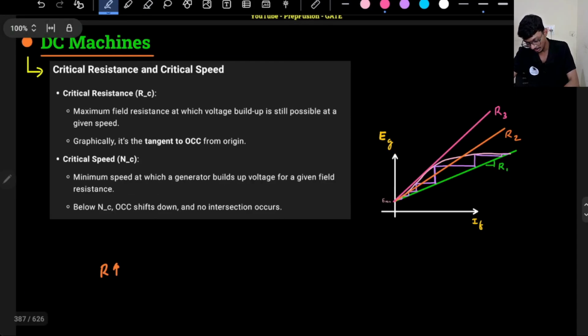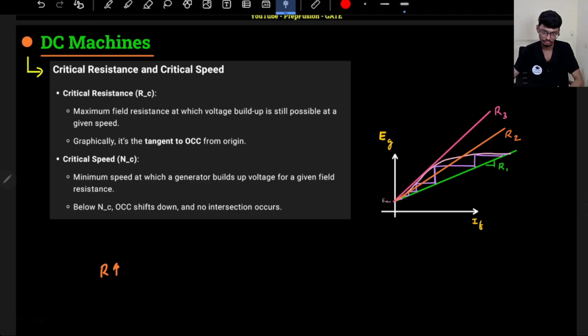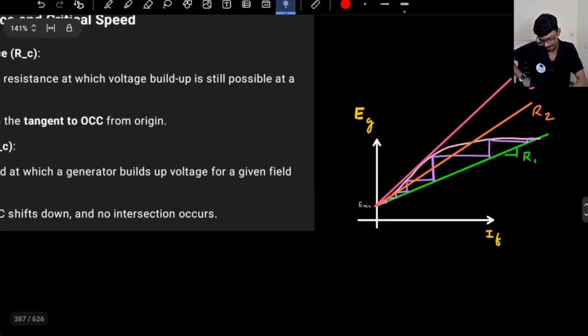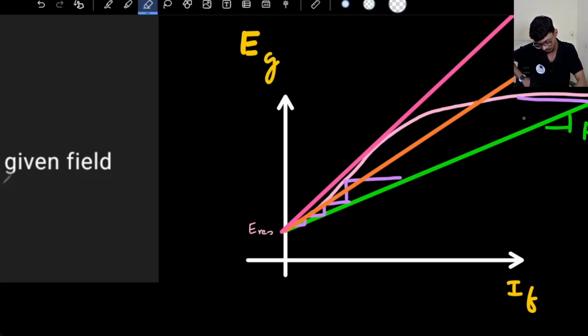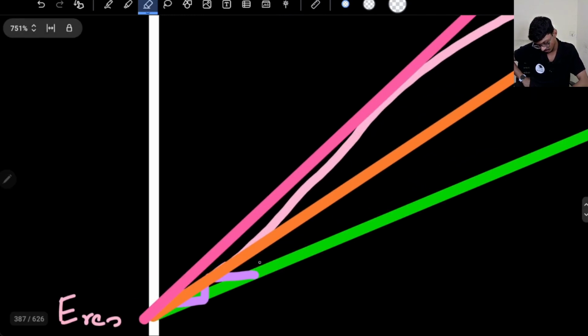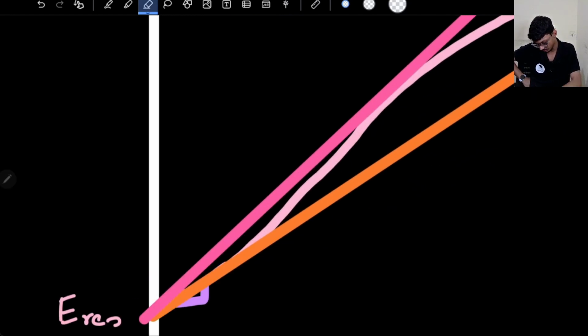Okay, so what is happening? It is just tangent to this, right? There will be a certain point where it will not have any stable operating point, because after this, if I am at this point, how will the voltage buildup look like? So let me draw the voltage buildup if the resistance line is tangent.